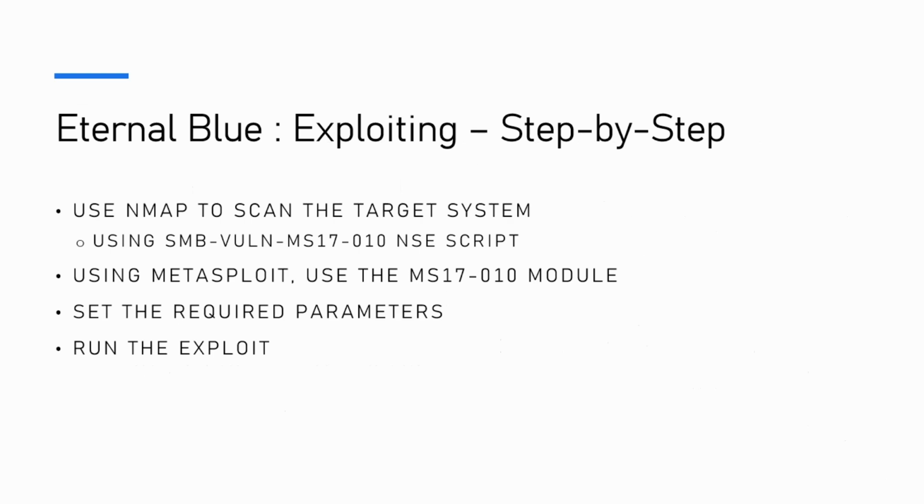Once you've found that a machine is vulnerable to EternalBlue, you can use Metasploit, and you can use the MS17-010 module, which is EternalBlue. Using that module, you would just set the required parameters, and then you run the exploit, and you have now exploited EternalBlue.